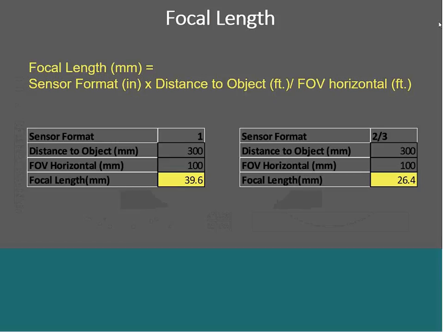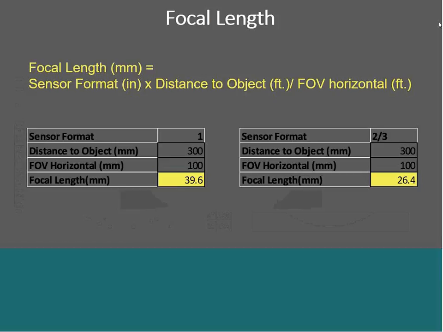So we've got some kind of machine constraints. This is where our application comes in. You have machine constraints or some kind of real estate consideration in our application, so that we are going to be around 300 millimeters away from the object. We already know that our horizontal field of view is 100 millimeters. And so calculating, we know those are the focal lengths that we need.